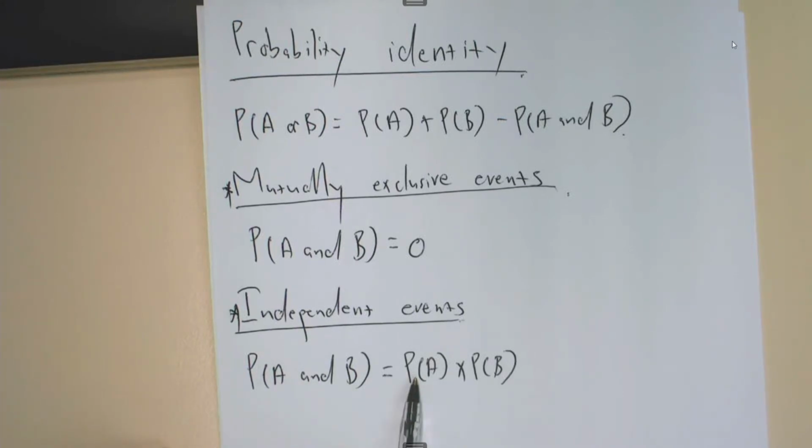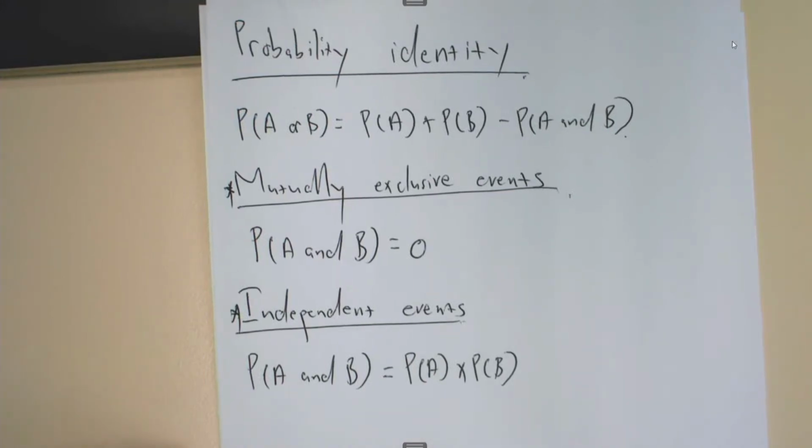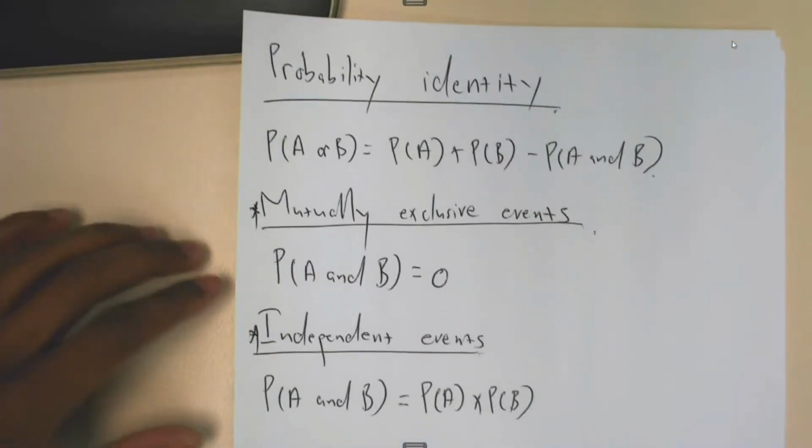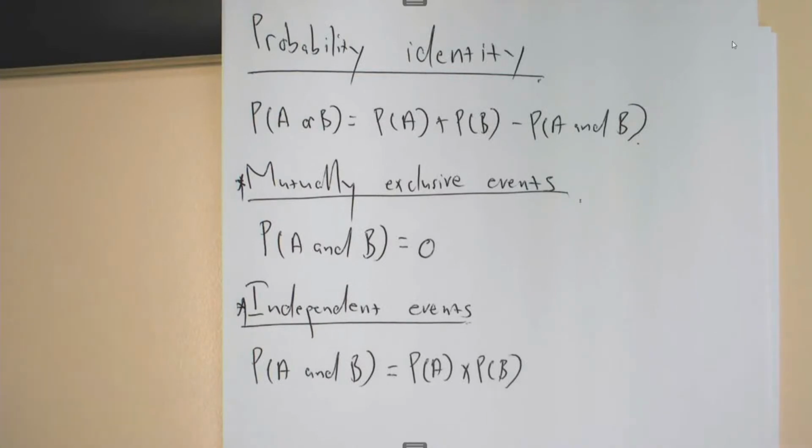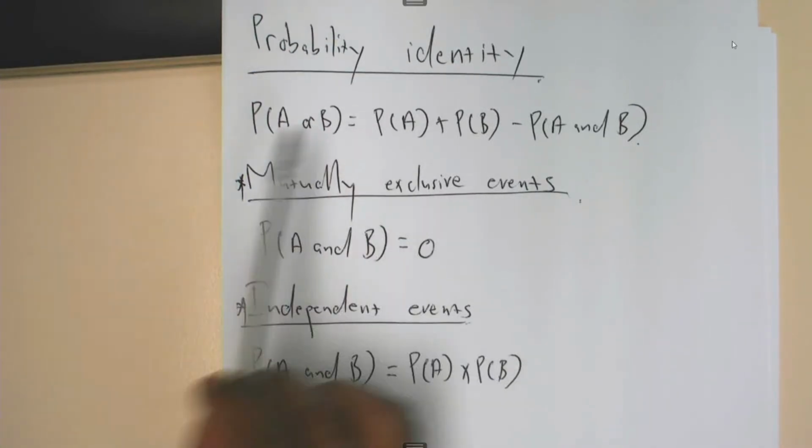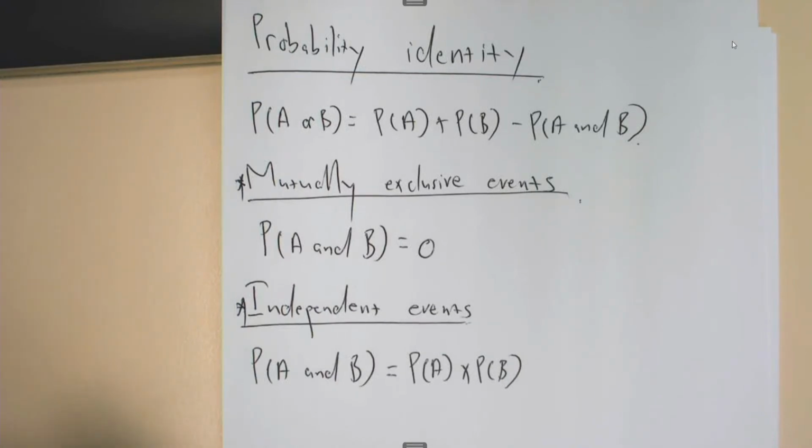Remember that. Mutually exclusive, A and B is 0. Independent events, A and B is equal to the probability of A multiplied with the probability of B. So that's quite important for you to always remember when we deal with questions that are related to the probability identity.